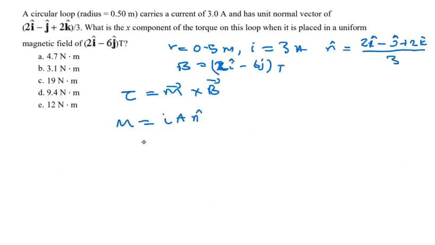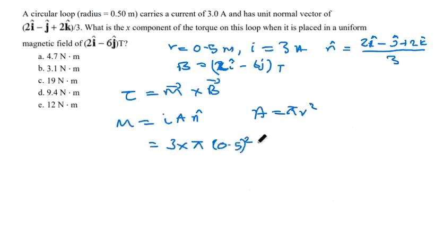So we have that I is equal to 3 amps, and A is the area. We're told that this is a circular loop of radius r, so the area of a circle is equal to pi r squared, with r being 0.5.